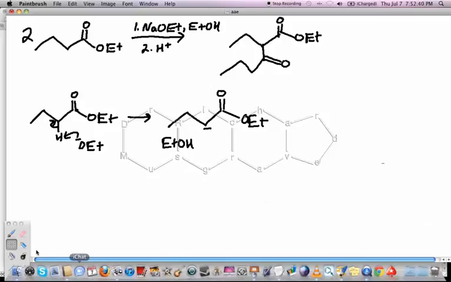Alright, continuing on with the mechanism, we can now have this come in and attack the other equivalent of ester. And at this point, it's pretty much reacting the same way as the aldol was.